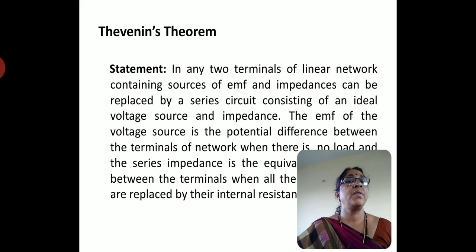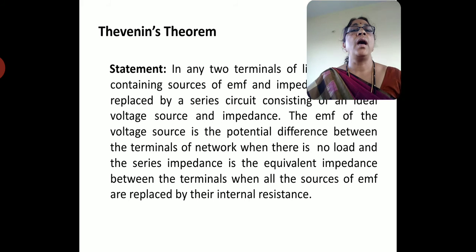The EMF of the voltage source is the potential difference between the terminals of the network when there is no load, and the series impedance is the equivalent impedance between the terminals when all the sources of EMF are replaced by their internal resistance.